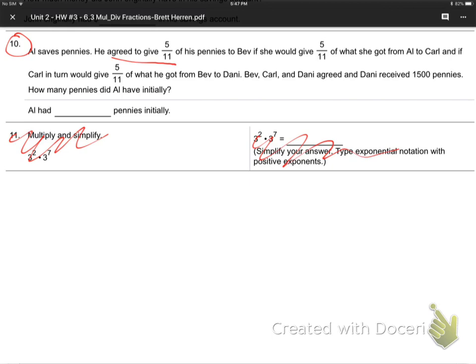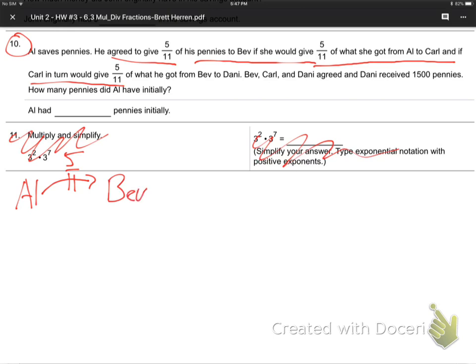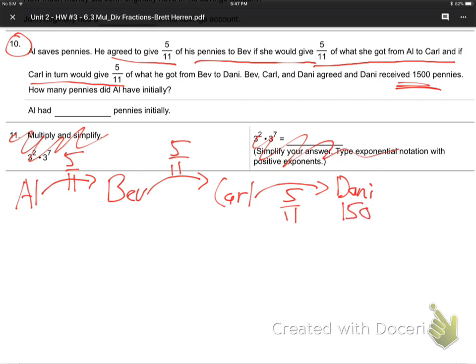He agreed to give 5/11 of his pennies to Bev if she would give 5/11 of hers to Carl, and Carl will give 5/11 of his pennies to Danny. And Danny receives 1,500 pennies.